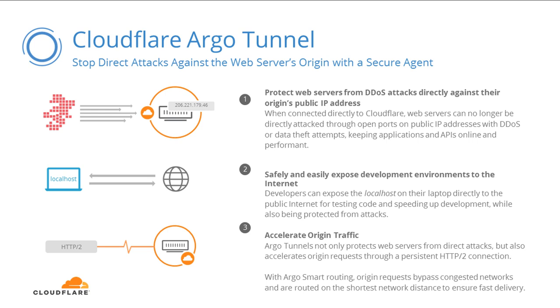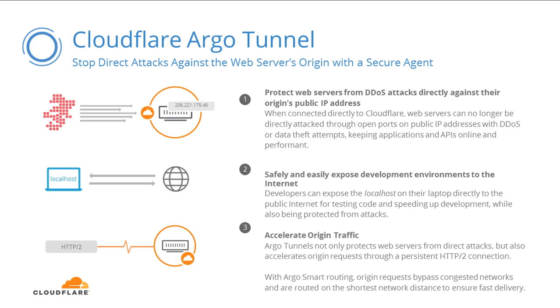So this actually eliminates the potential for any of your server IP addresses ever getting exposed to the internet. In case anyone wants to launch a DDoS attack and they're able to detect what your actual server IP address is, having Argo Tunnel enables a secure tunnel between your origin infrastructure and the Cloudflare edge infrastructure.